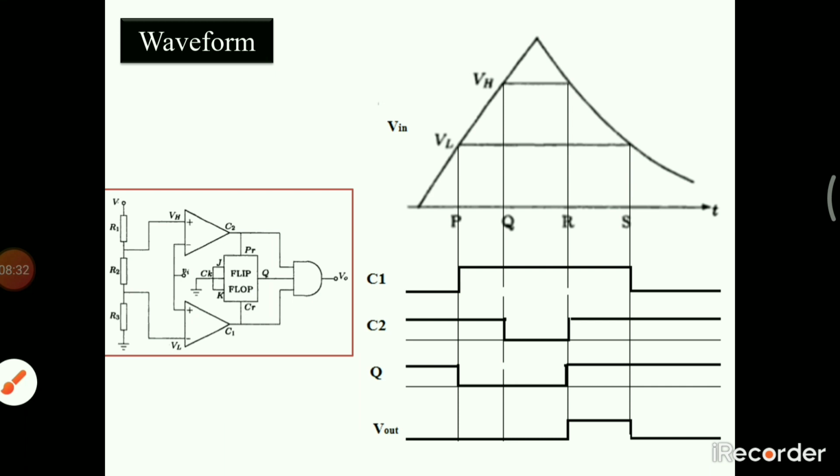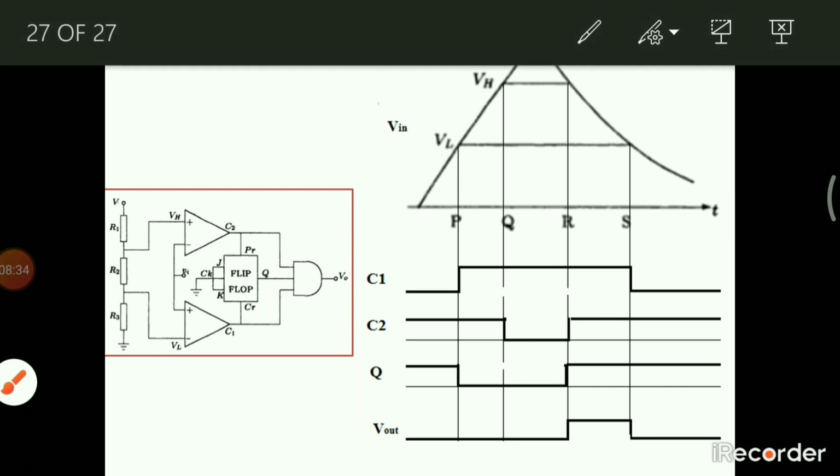Here we'll get a proper view. Now if you see, here is the first comparator C1. For C1, let's say Vin is the input voltage, Vin is given to the positive terminal and the set voltage is VL.